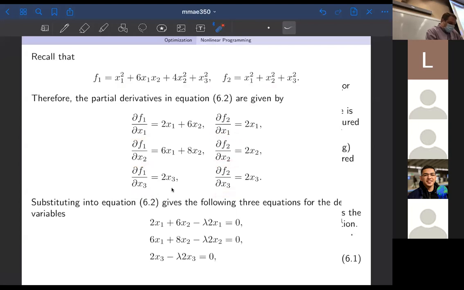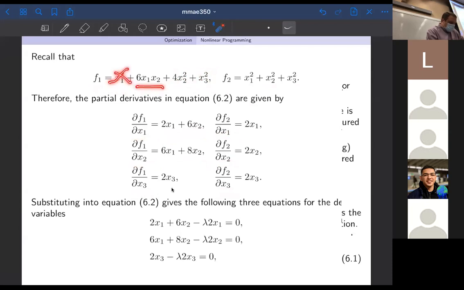So let's just walk through a few of these. So here's f1. Let's take the partial derivative with respect to x1. First term gives me a 2x1. Second term gives me a 6x2. No x1s here, no x1s there. Partial f1, partial x2: no x2s in the first term.